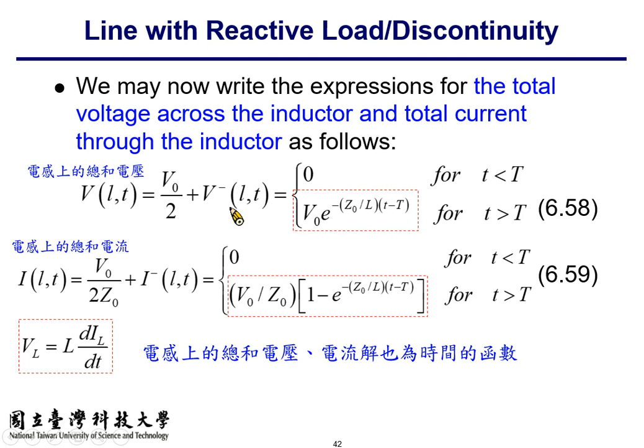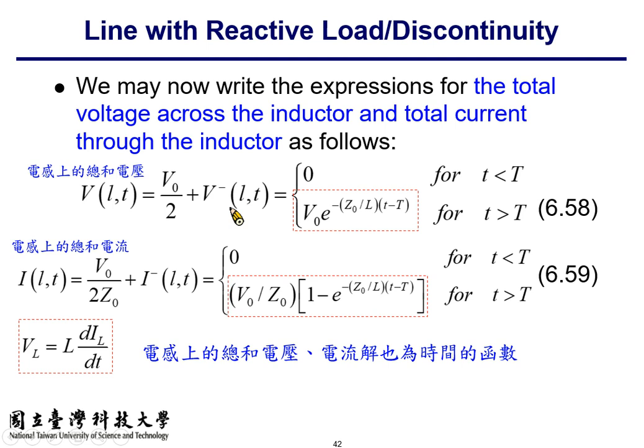For the total voltage on the inductor, that will be the sum of the V plus and the V minus signal. So we just add up the two. So use the expression we derived in the previous slide. The sum of V minus and the V plus signal will be simply this: V sub 0 times the exponential of minus Z sub 0 over L times t minus capital T, okay?